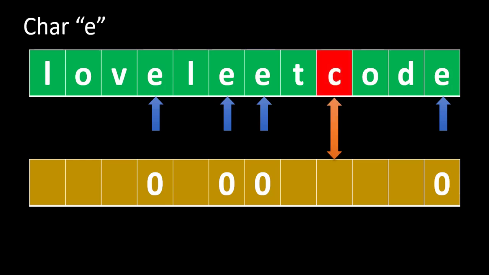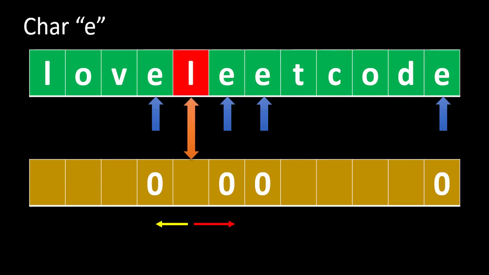Now, if we try to find a distance of this character c from the character e given to us, we need to take into consideration two values: distance of the c from the e on its left hand side and distance of the c from the character e on its right hand side. And we need to take the minimum of the two, and that will become the answer in this result array.